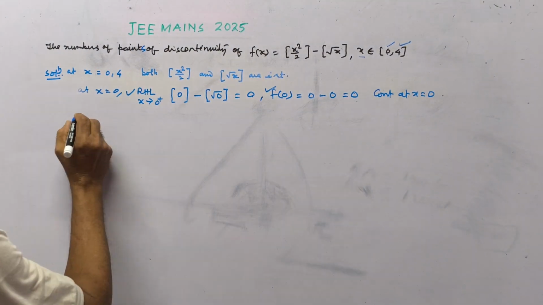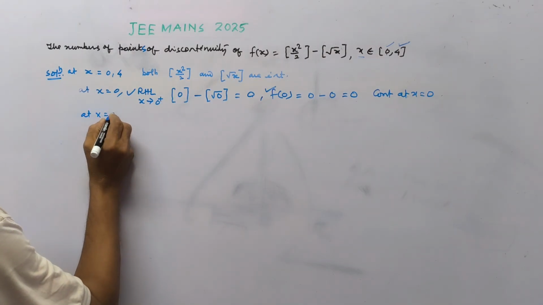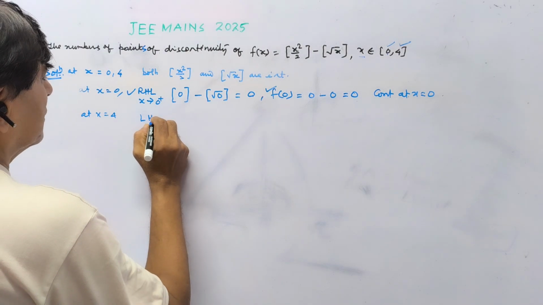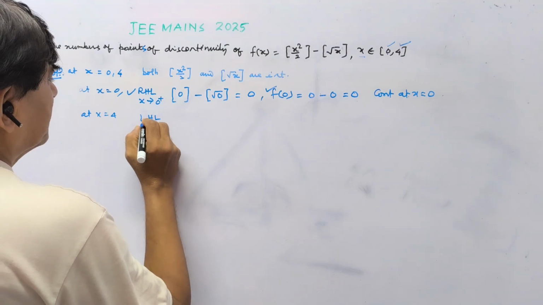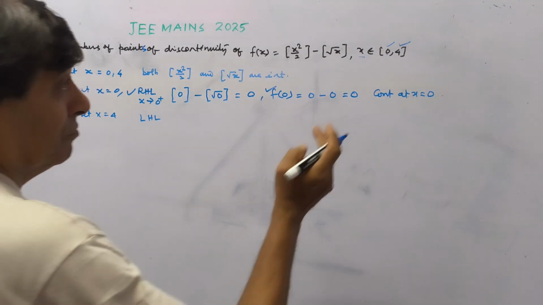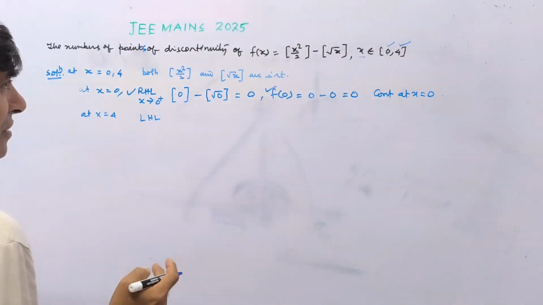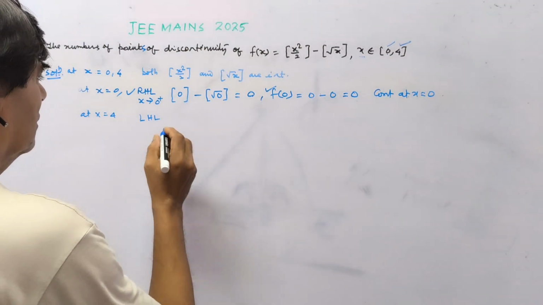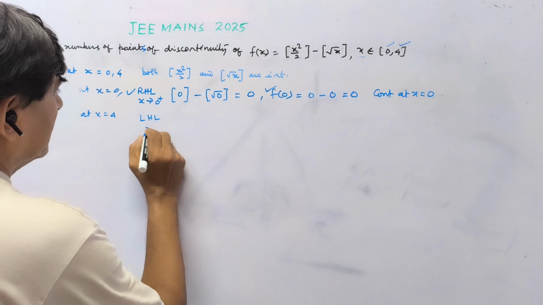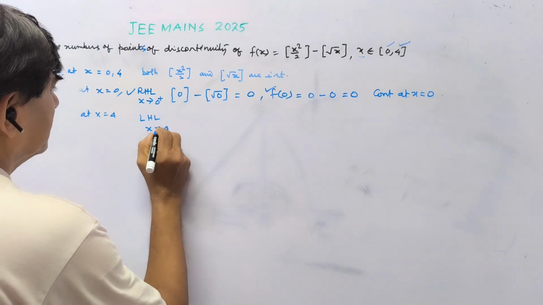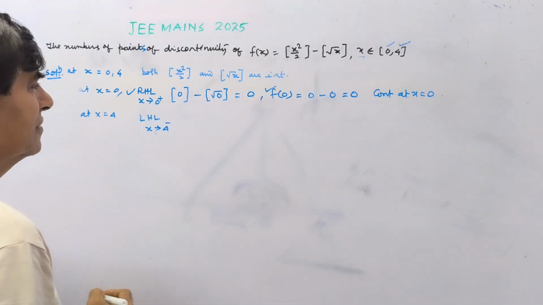Now test at x is equal to 4. Left hand limit I am taking. Why left hand limit? Because it is inside this interval, so the left hand limit will be there, less than 4. So left hand limit, x tends to 4 minus.